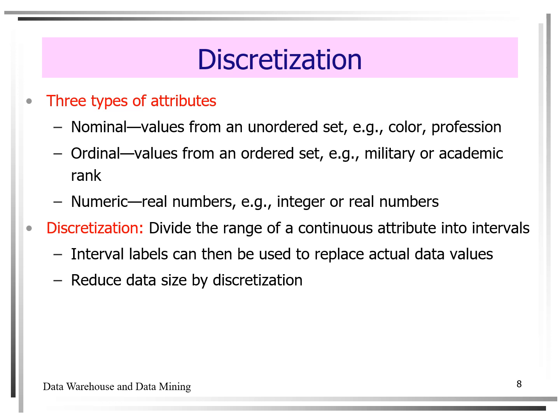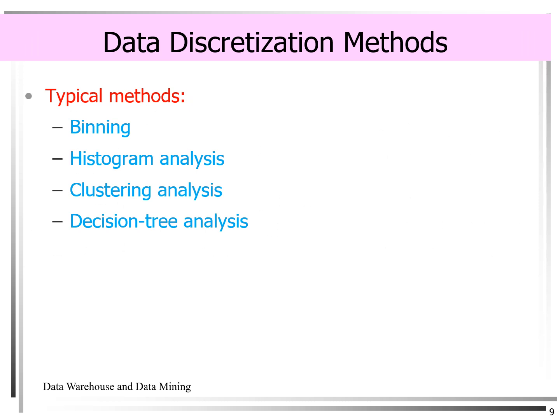However, we'll have names for each bin, and this is how we will actually divide the range of attributes. So typical methods: binning, just as I mentioned, histogram analysis, cluster analysis, and decision tree analysis.